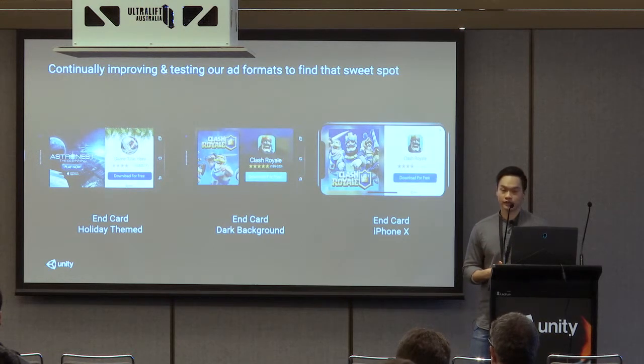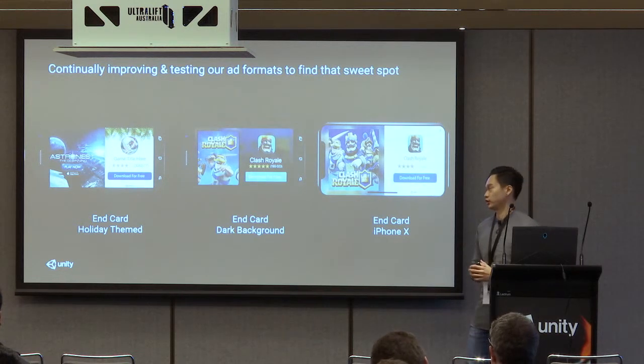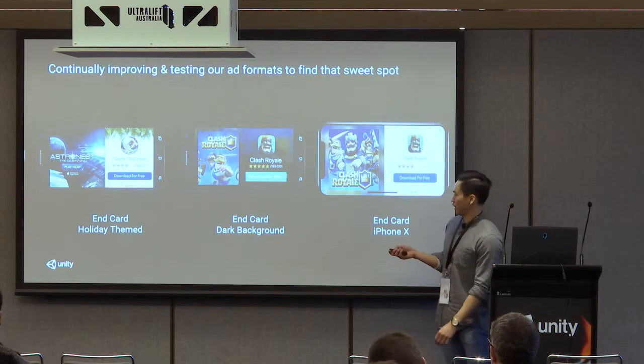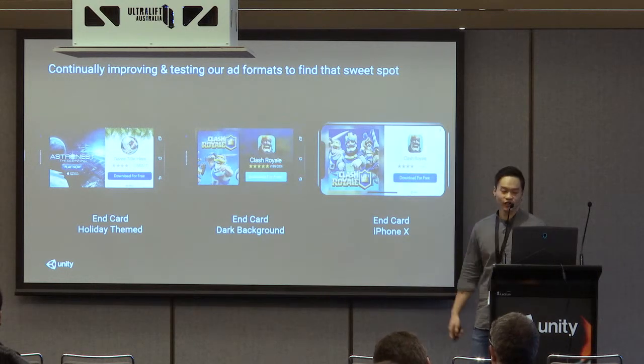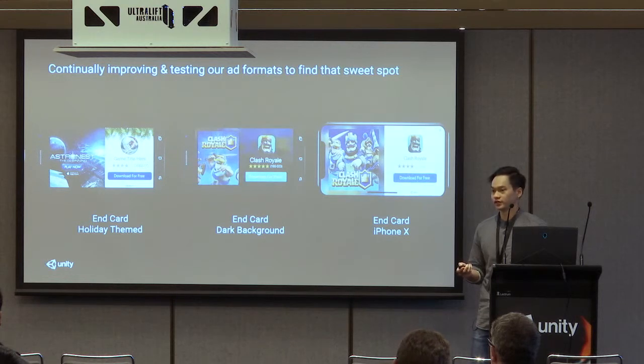So whether it's testing out a holiday end card, or something trivial, like making an end card turn dark, or just making sure the creative looks right for devices that have a special kind of end card specification.